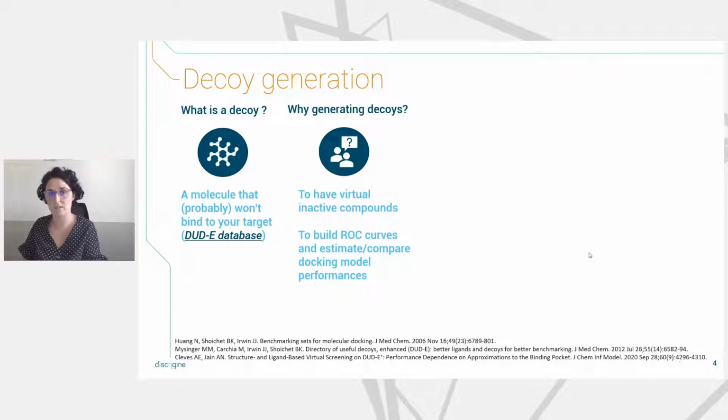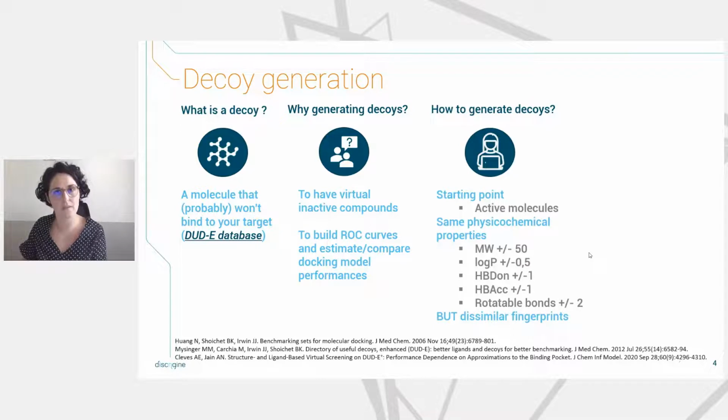So why do we want to generate decoys? In some projects, sometimes we don't have inactive compounds. So we need to generate virtual inactive compounds to be able to build some ROC curves and to compare docking model performance. I will give you a better explanation of what a ROC curve is in the next slide. And how to generate decoys? You can follow the rules given in the DUD-E publication.